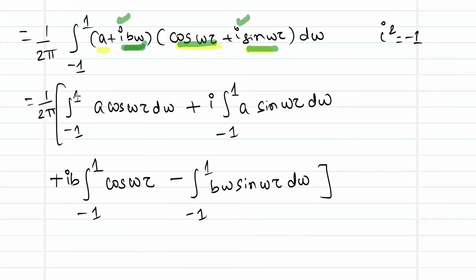Now I can see what integral limit has been given to me. It is minus 1 to plus 1. So this is going to be a symmetric limit about 0. Whenever I have a symmetric limit, I can talk about the function being an even function or an odd function.